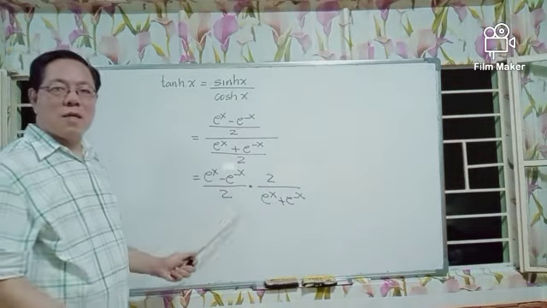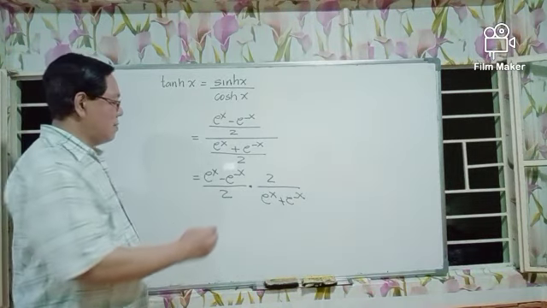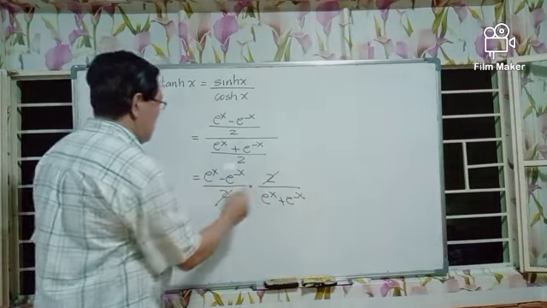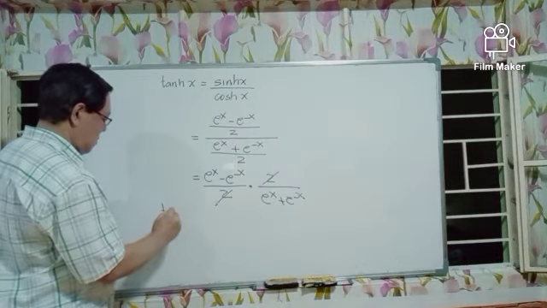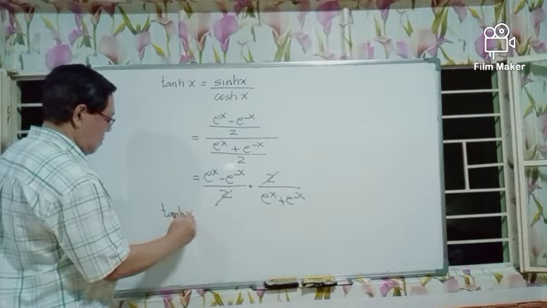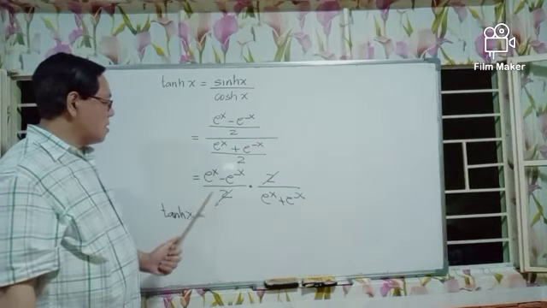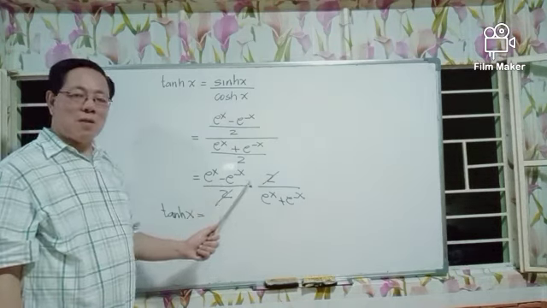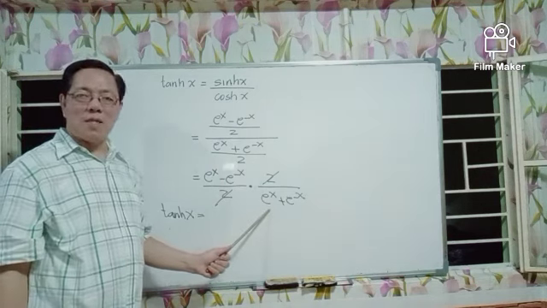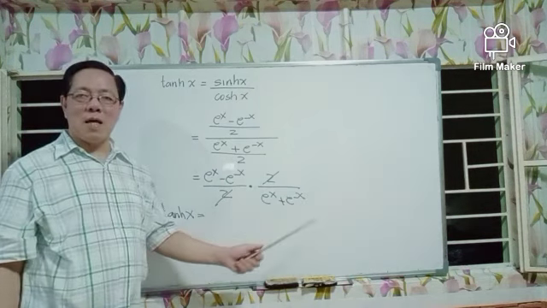And 2 would cancel out because it is equal to 1. Thus, the hyperbolic tangent of x is e to the x minus e to the minus x all over e to the x plus e to the minus x.